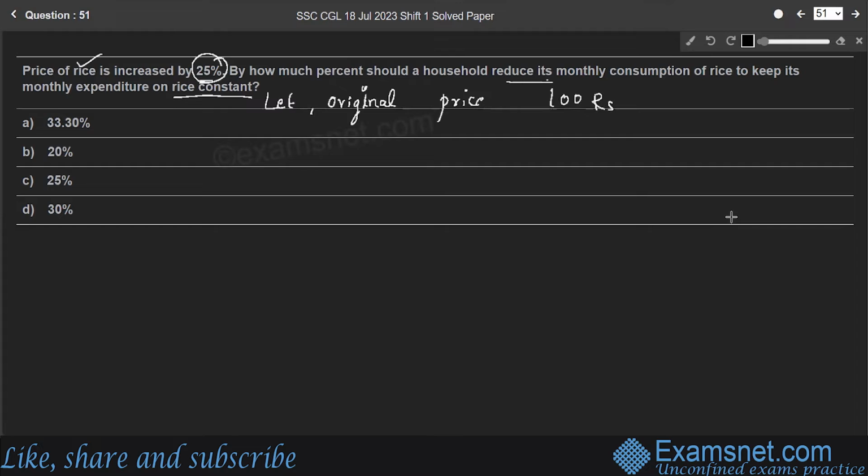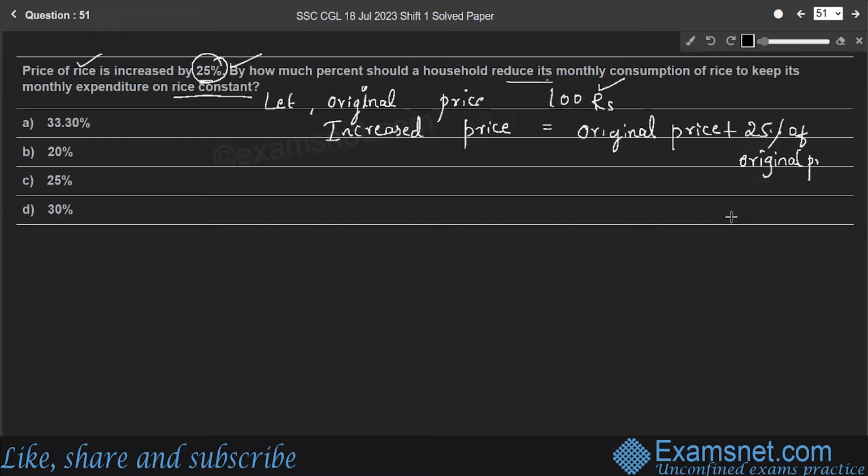There is a 25% increase in the price of the rice. So the increased price will be the original price plus 25% of the original price.